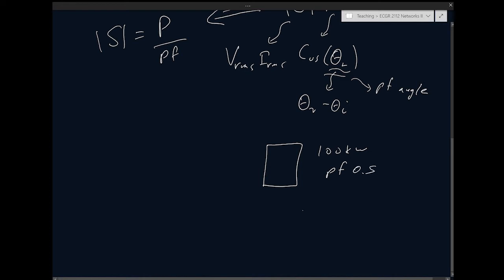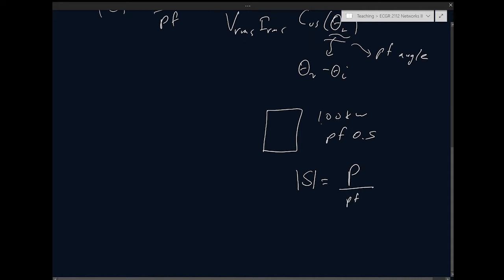That means your apparent power is going to be what? It's going to be the power you're drawing over the power factor. So your apparent power actually will be much larger than the power that your load is consuming. Your apparent power is going to be 100 kilowatts over 0.5, it's going to be over half, so it's going to be times 2, it's going to be 200 kVA.